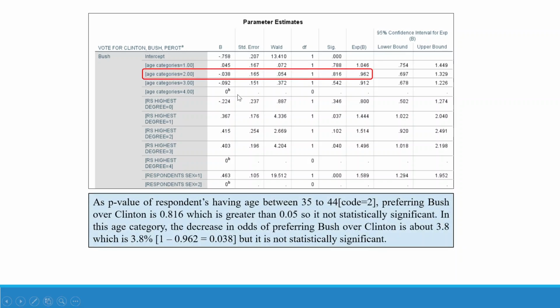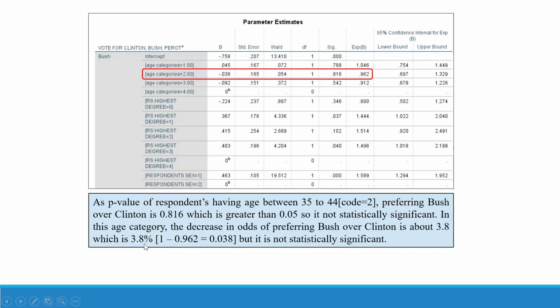Next is age category 2. It is negative. And this is the p-value. As the p-value of respondents having age between 35 to 44, code 2, preferring Bush over Clinton is 0.816, which is greater than 0.05, so it is not statistically significant. In this age category, the decrease in odds of preferring Bush over Clinton is about 3.8%.